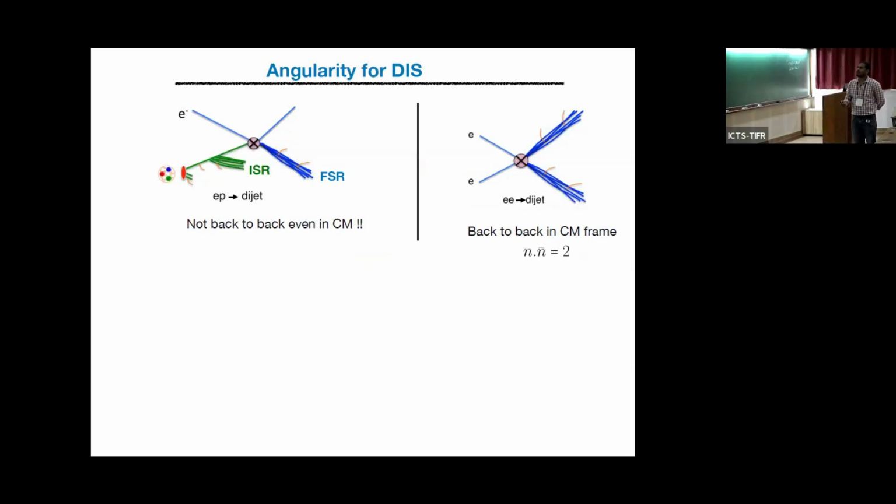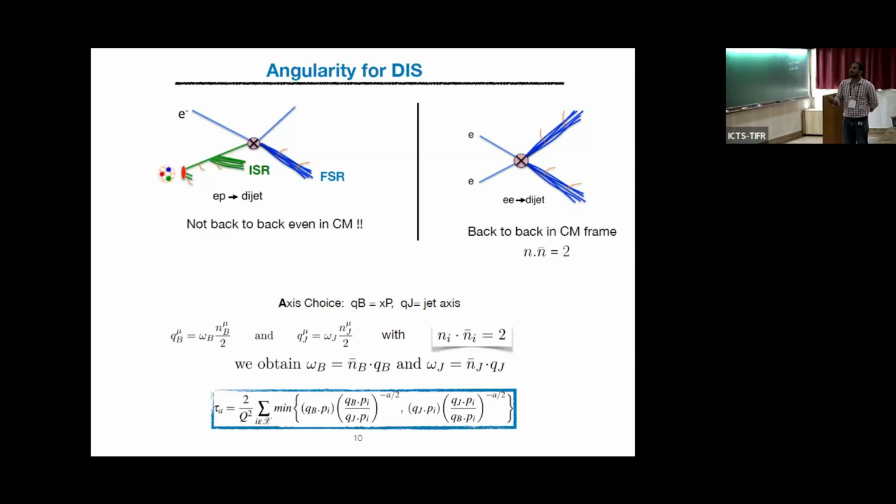If we compare with electron-positron going to dijets, then in the electron-proton dijet configuration we have one final state radiation and one initial state radiation, because of the high virtuality and the high momentum of the proton or the partons inside it. So in principle, we don't have the freedom of back-to-back channels that we had for electron-positron to dijets.